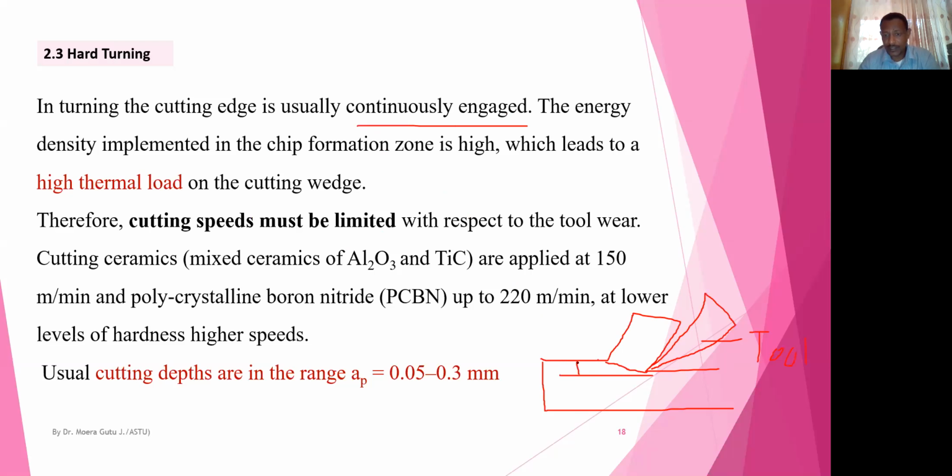This one is the uncut chip thickness or the depth of cut. This is the cut chip thickness. You will have angles here, the cutting angles, the relief angle and the rake angle of the cutting tool engaged with the workpiece material. This is the workpiece, the machined workpiece.